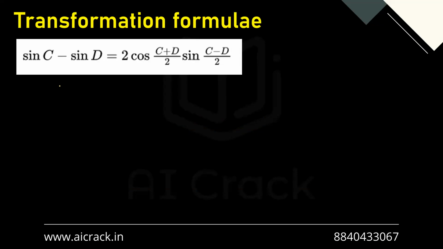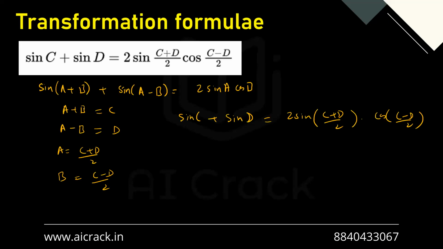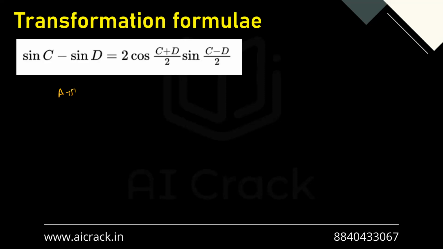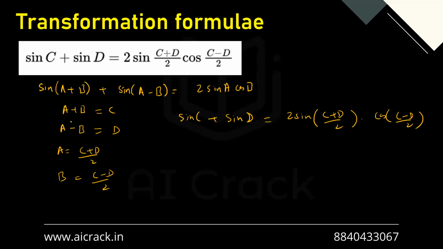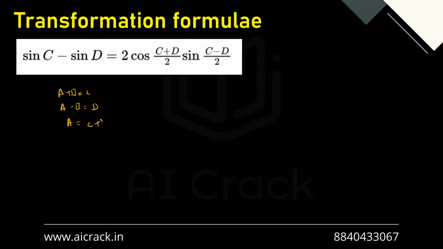Now let's look at this one. This one is exactly similar to the previous one. And we saw that A plus B was taken as C, A minus B was taken as D, and A comes out to be C plus D by 2, and B comes out to be C minus D by 2, right? And we have our basic formula over here, sine of (A plus B) minus sine of (A minus B) equals 2 sine B cos A, right?